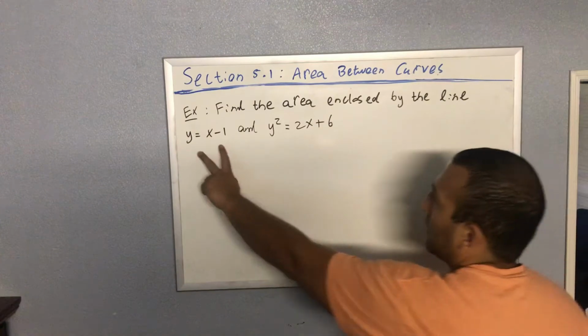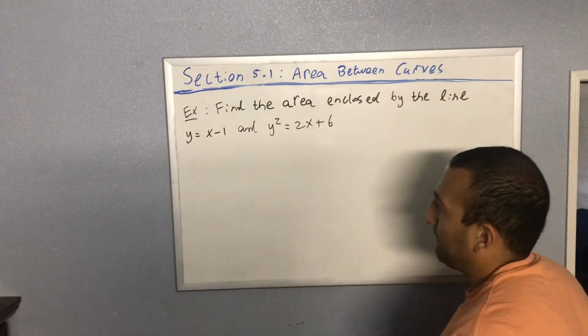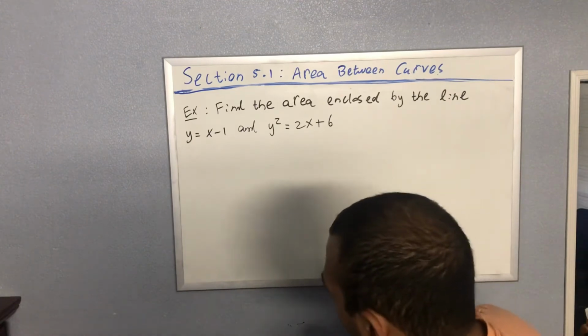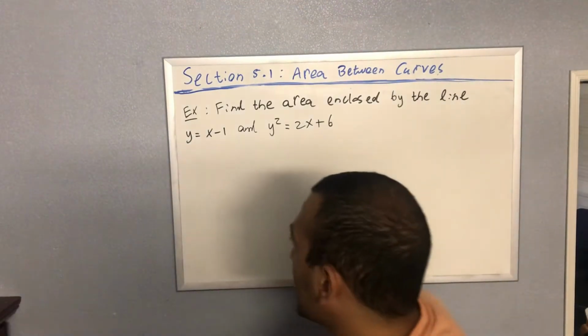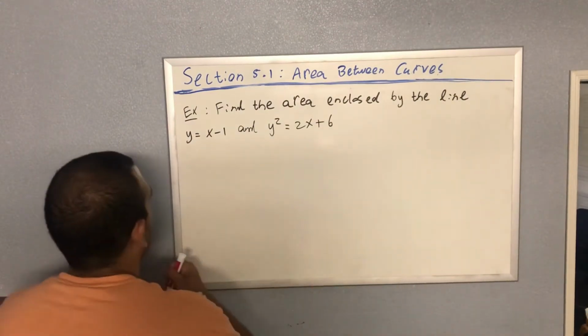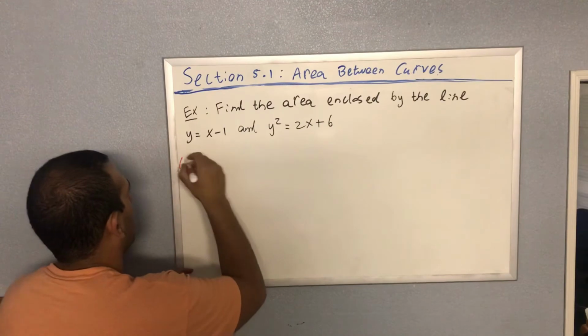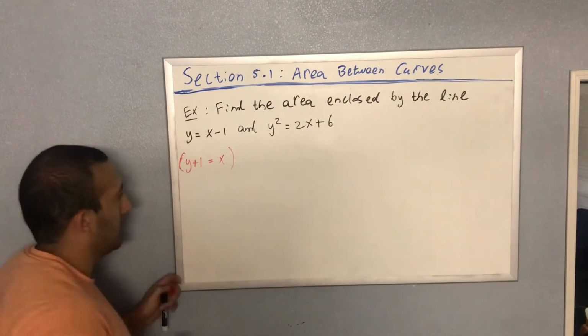Okay, so this is the equation of a line, which we can rewrite, as I was saying, in the form x equals something. If you just add 1 to both sides, this is the same as y plus 1 equals x.